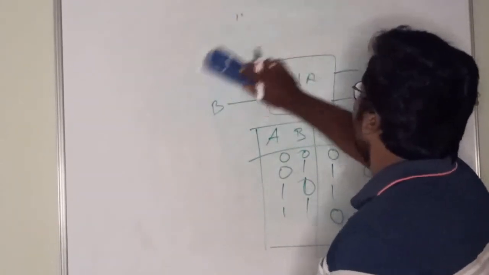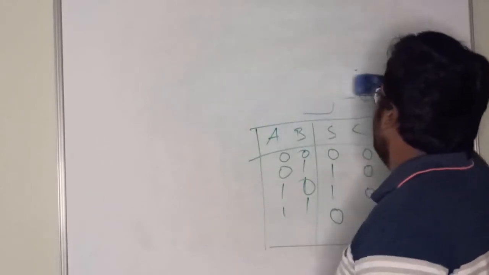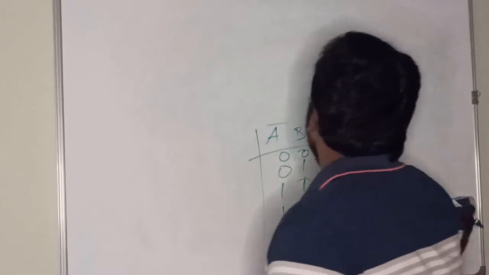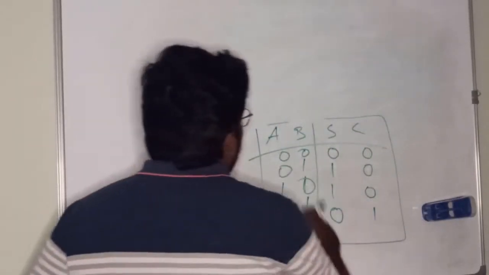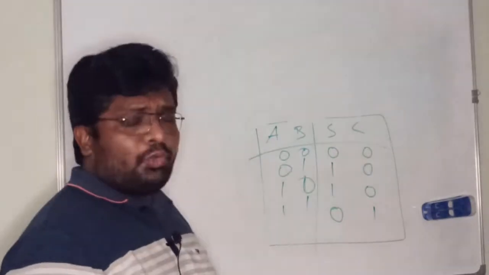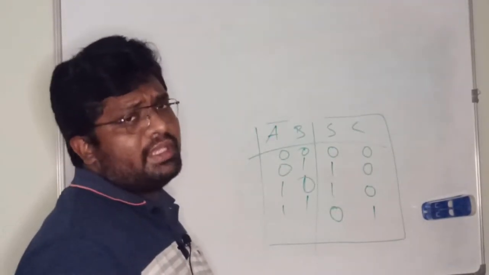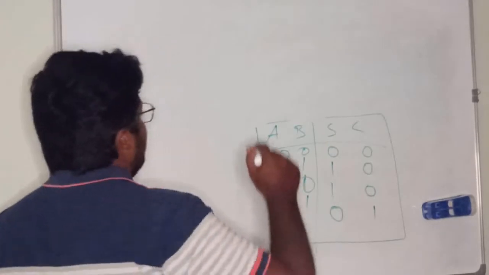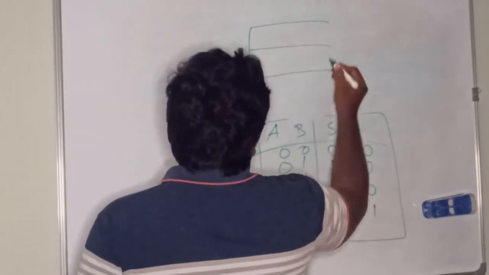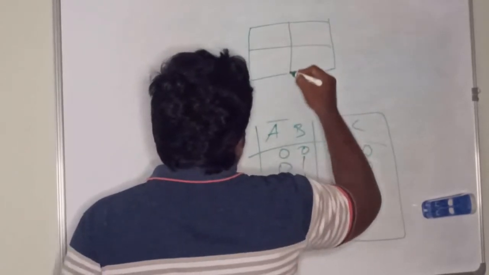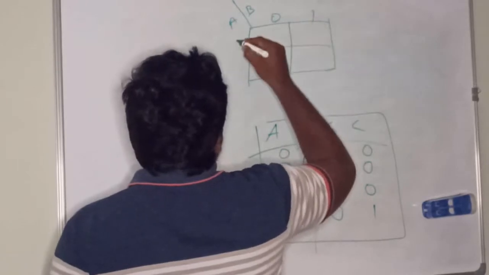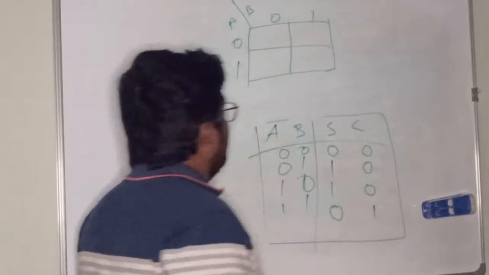As we have the truth table for this half adder, now let us simplify or minimize it with a K-map. As we have two inputs, we will have 2 power 2, that is 4 squares in a K-map. So this is A, B, 0, 1 and 0, 1.